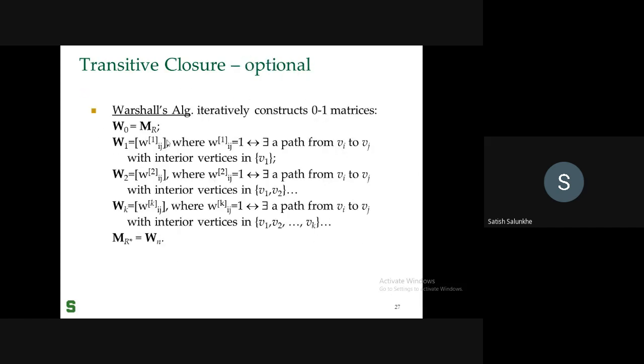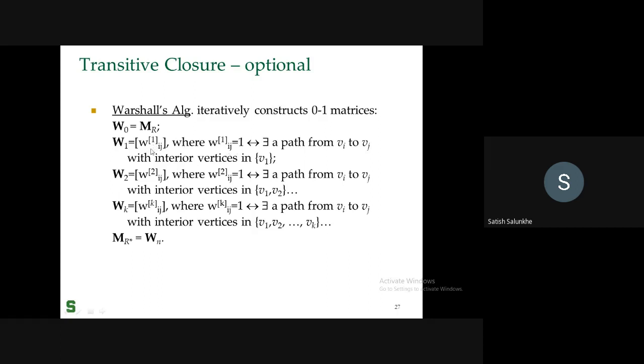I'm just keeping this because straight away we are going to learn this algorithm. So Warshall's algorithm, what we do iteratively, we construct 0 and 1 matrices to start with the original relation as W0, and in the next iteration for computing W1, this is a Warshall matrix, what exactly you are doing?